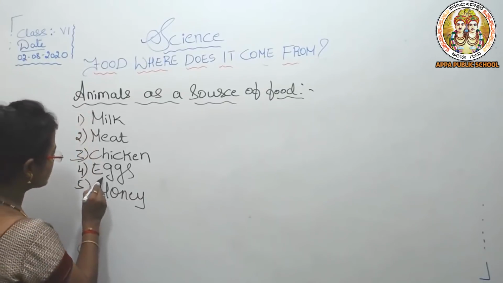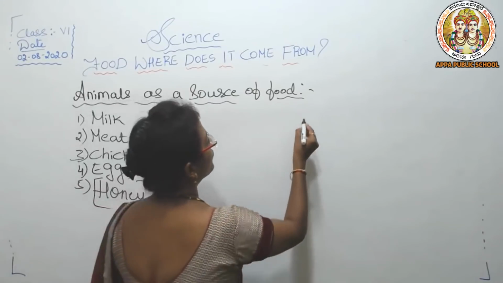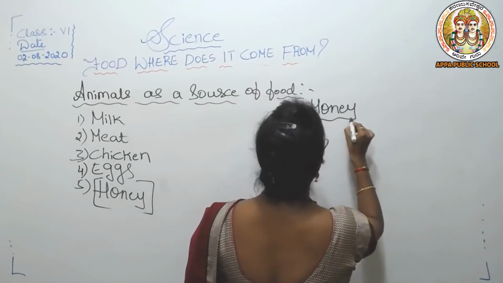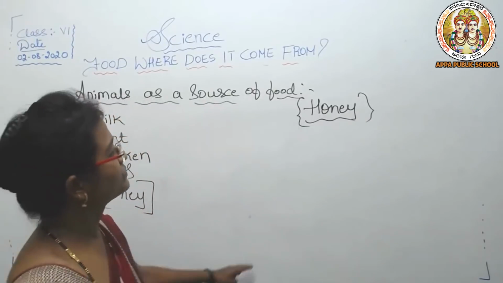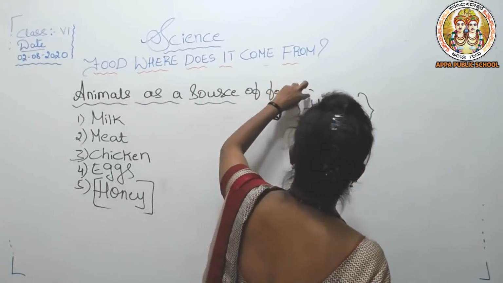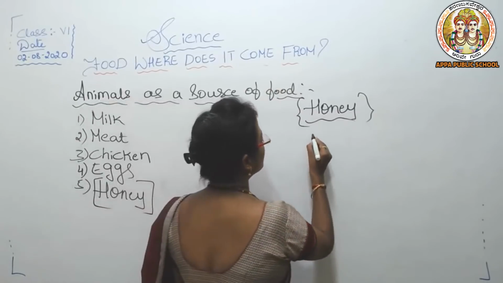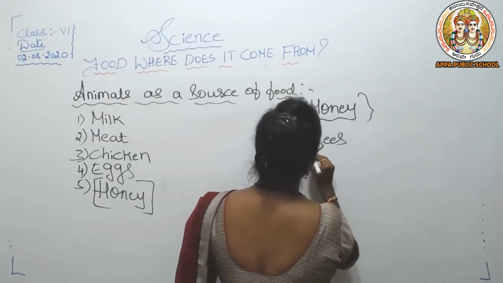Let me discuss briefly about honey. What do you mean by honey, and from where do we get honey? You all know honey. I'll tell you how we get honey. Have you seen honey bees?